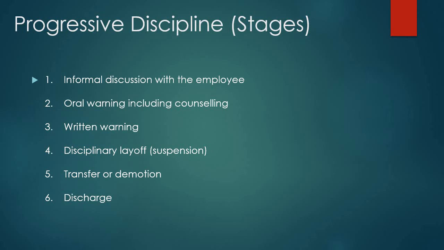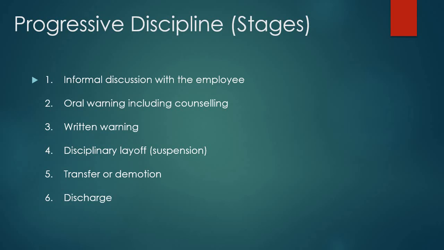This is given for a specified time period, usually 30, 60 or 90 days. A manager should use reasonable judgment to decide the length of the PIP or contact and work with the campus HR office for assistance.